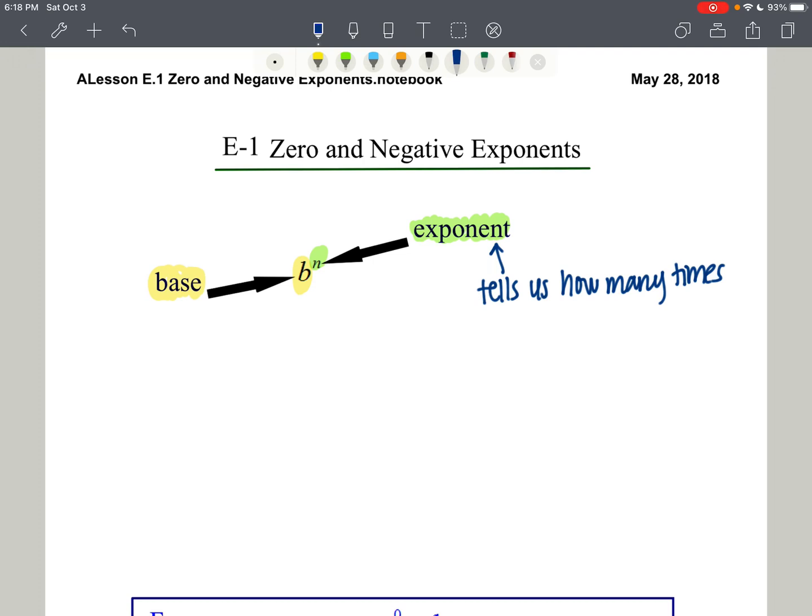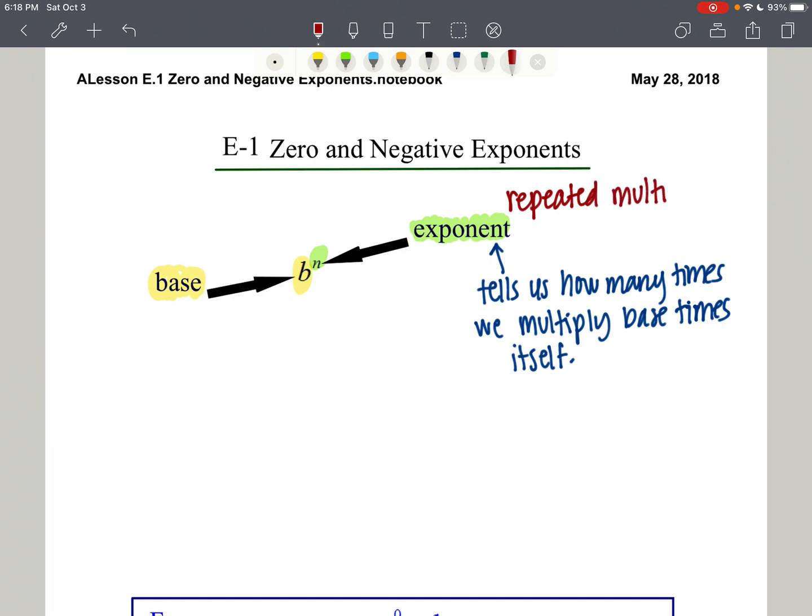So exponents are repeated multiplication.